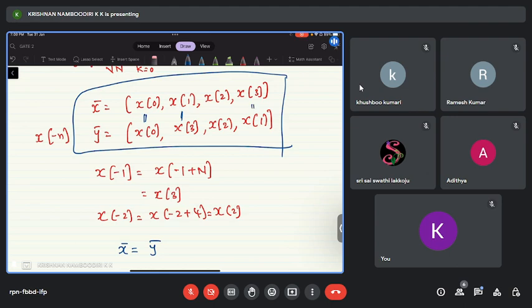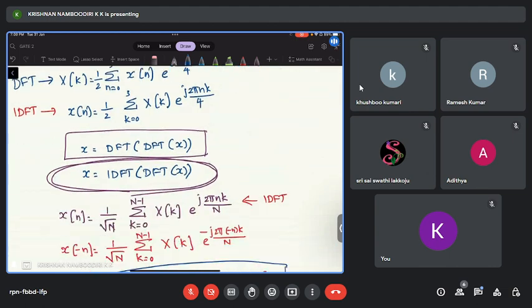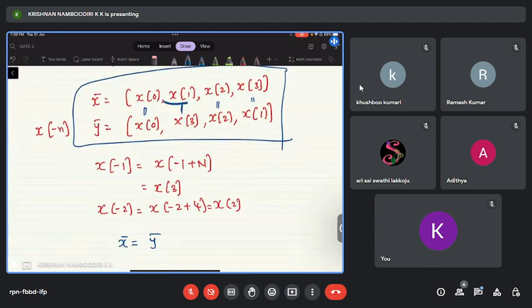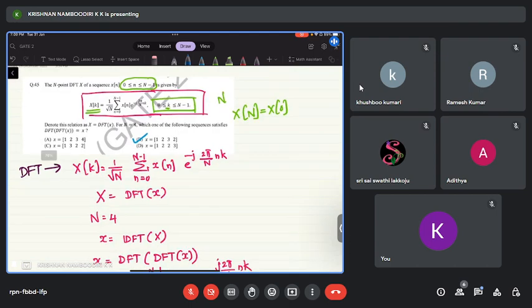So in whichever vector x1 is equal to x3, that vector will have this property: DFT of x equal to x, correct? So you need to see x of 1 and x of 3. If those two terms are equal, then the DFT of that vector will be the same vector.